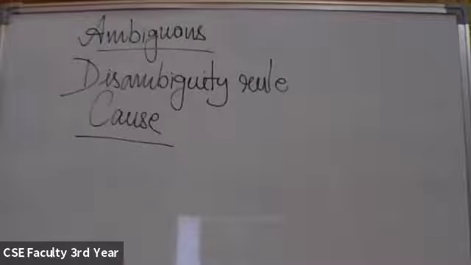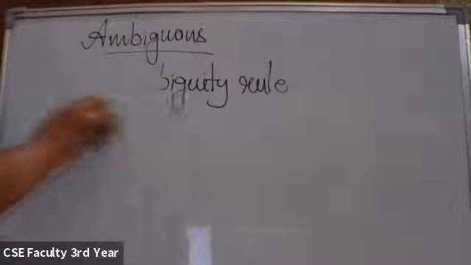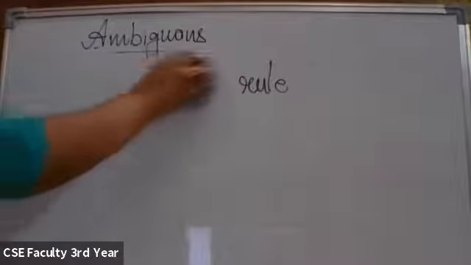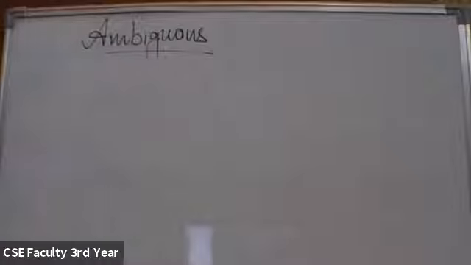If we can understand the cause, then we can find a suitable solution and get rid of this ambiguity. Is it clear to you? So let us take a grammar and try to understand the cause of the problem.